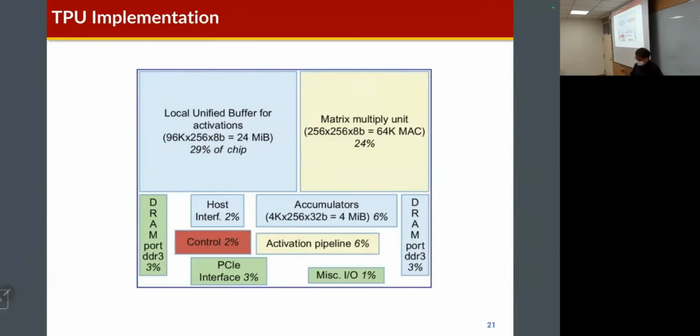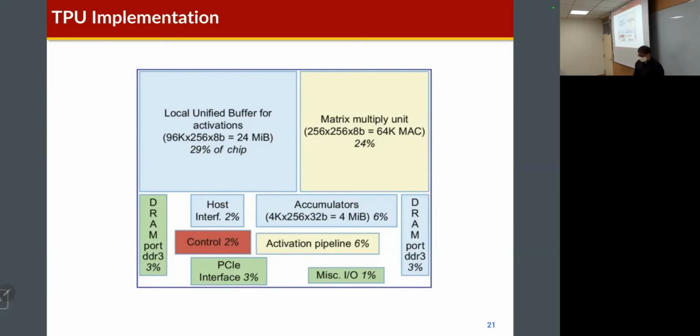This figure was also revealed by Google. Google reported the area of the TPU chip across various components.